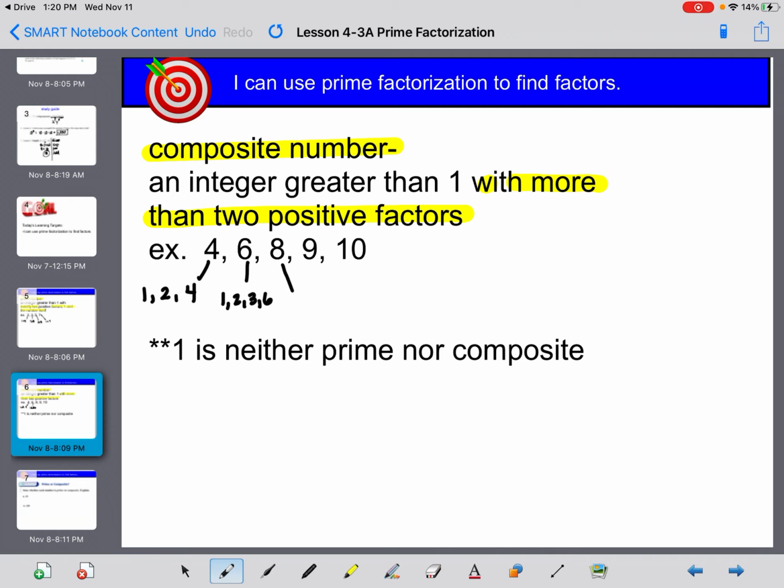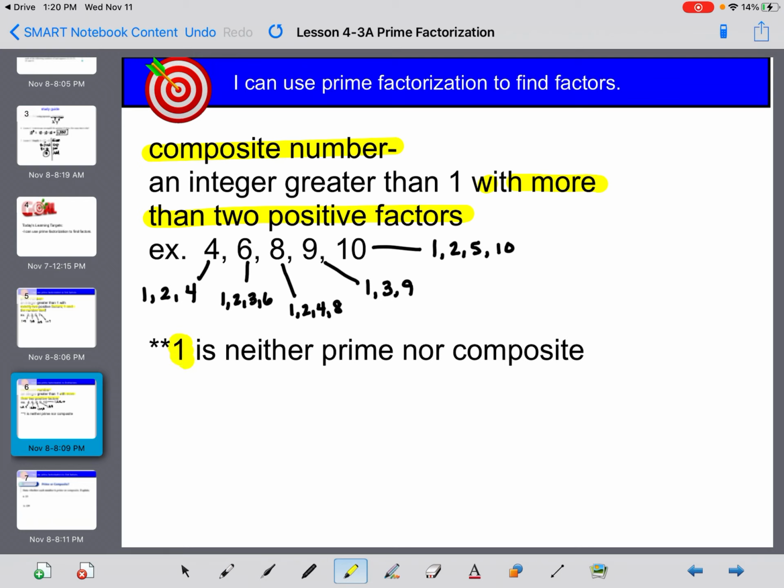So it's not just 1 and itself. There's many. 8 is divisible by 1, 2, 4, and 8. 9 is divisible by 1, 3, and 9. 10 is divisible by 1, 2, 5, and 10. These are just a few examples. There are many, many more.